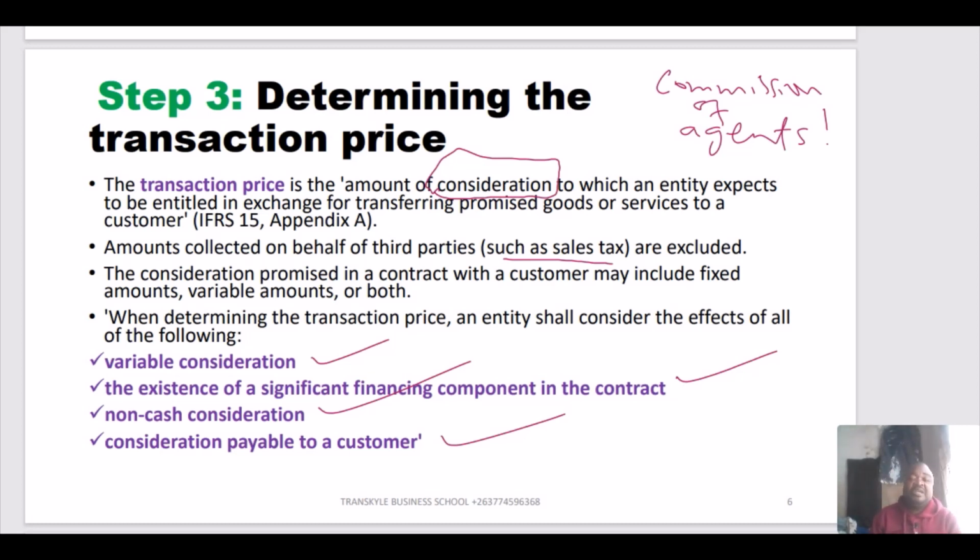Perhaps we need to then understand what we mean by variable consideration and the rest of the other items there. So let's proceed here.